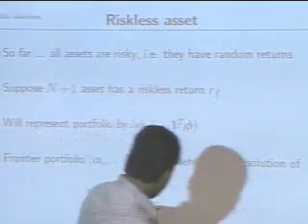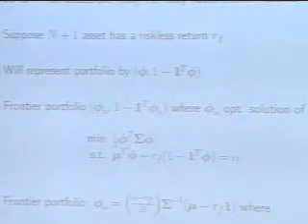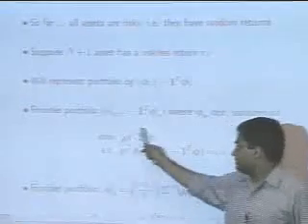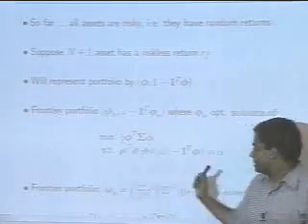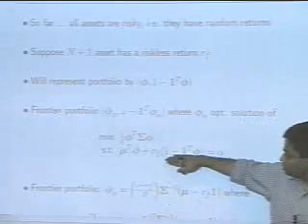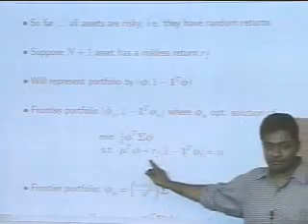Okay. Again, the frontier portfolio is defined the same way. This is what the frontier portfolio would look like. You want to minimize the variance subject to the constraint that the expected return is equal to alpha. This part is same as before, mu transpose phi. This part here tells you how much you have put into the risky assets, and the return you get on the riskless asset is Rf.